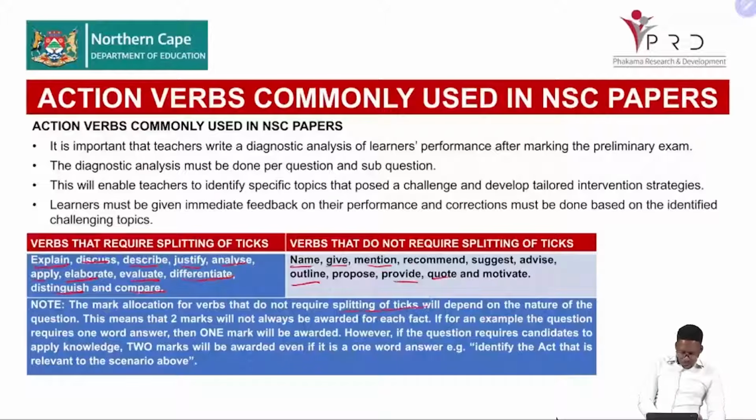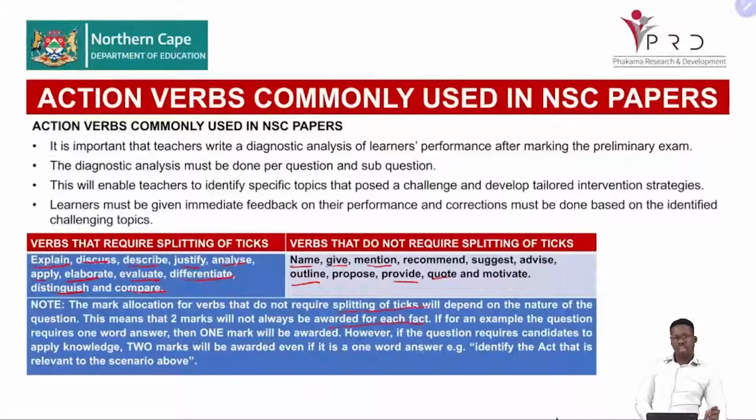This means that 2 marks will not always be awarded for each fact. Sometimes you can have 2 marks for 1 fact. Sometimes you can have 2 marks for 2 concepts. If, for example, the question requires 1 word, then 1 mark will be awarded.